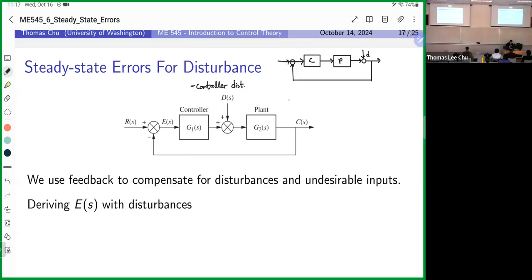We can also have disturbance appear in the feedback sensor. So this is disturbance occurring at the feedback.